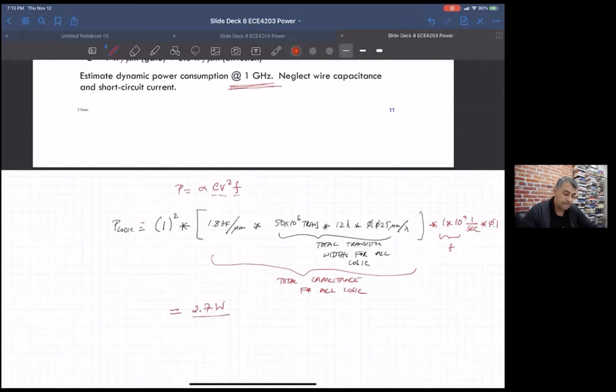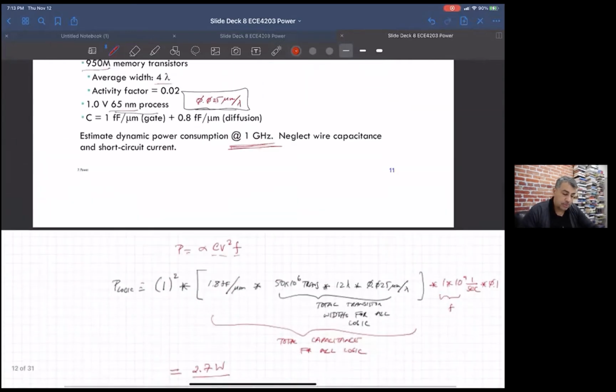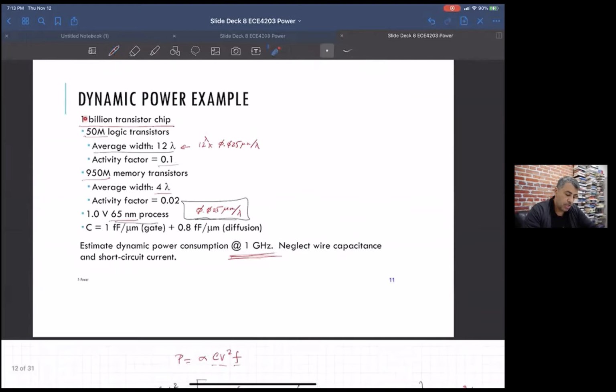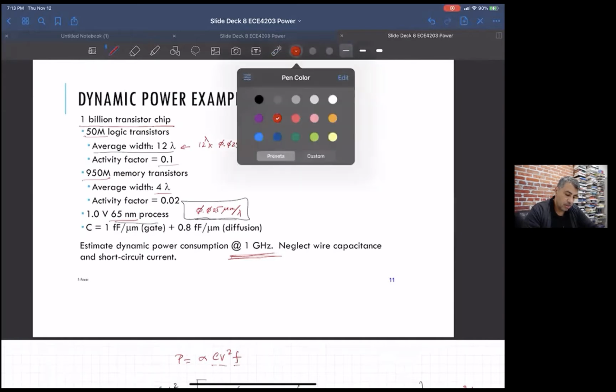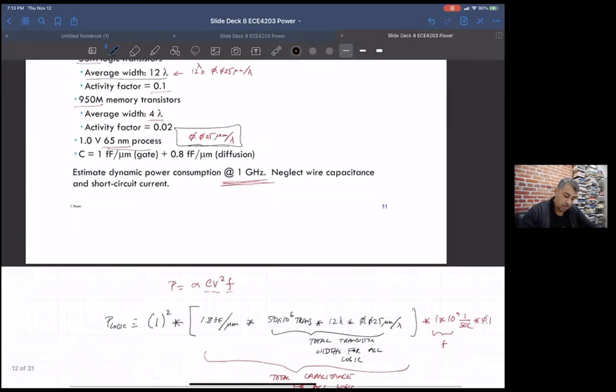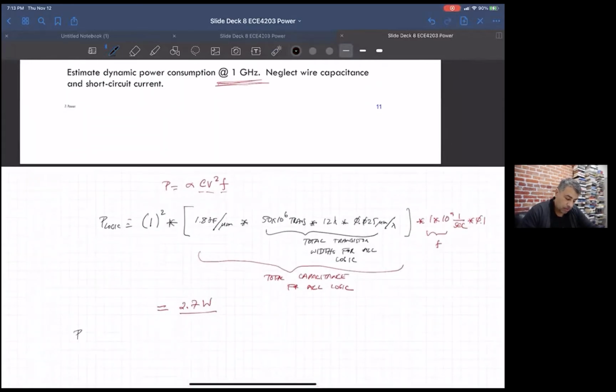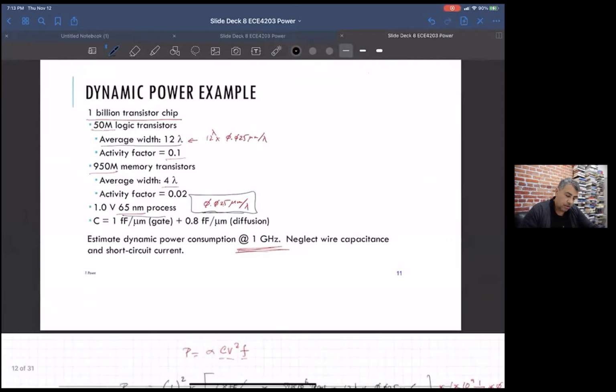But we're not done yet, because this was just for the logic. Remember, the chip has both logic and memory. So we got to do the same thing for the memory. Okay, so the power of the memory is, it's got the same supply voltage, so this is V squared, times, still, we have the 1.8 femtofarads per micron, times, we have a lot more memory circuits.